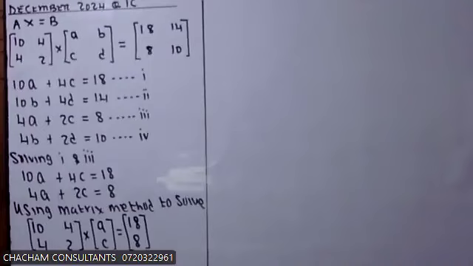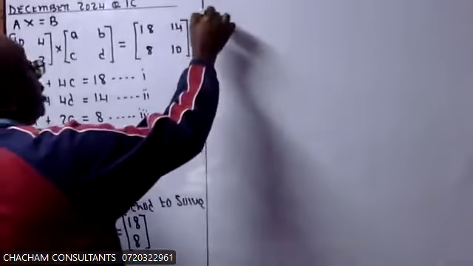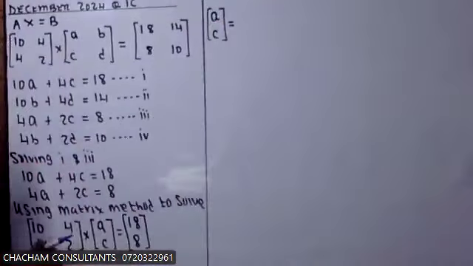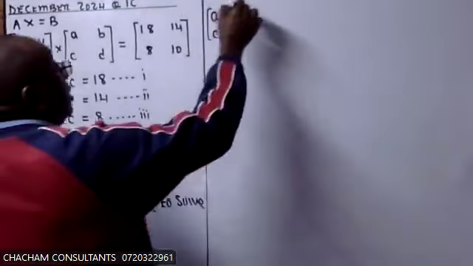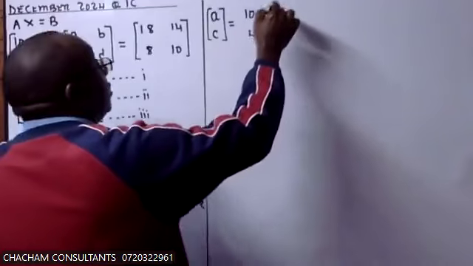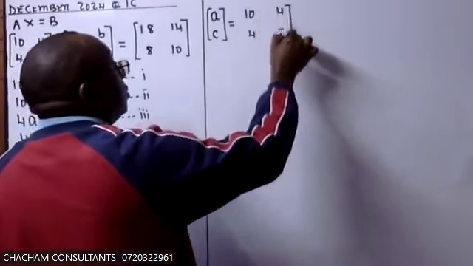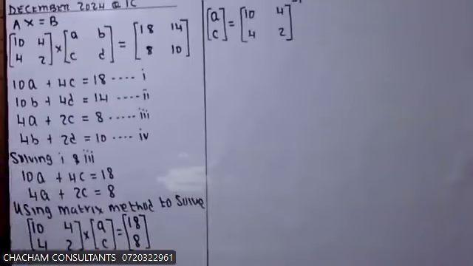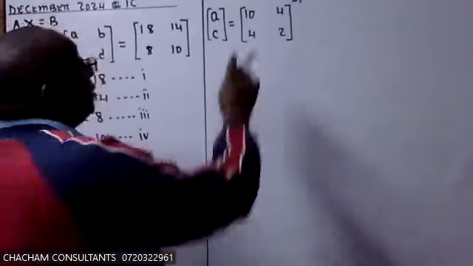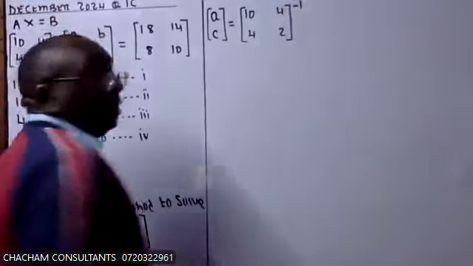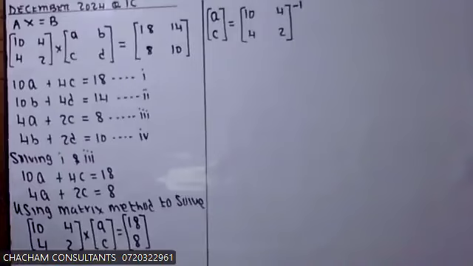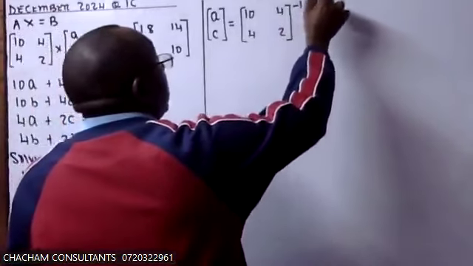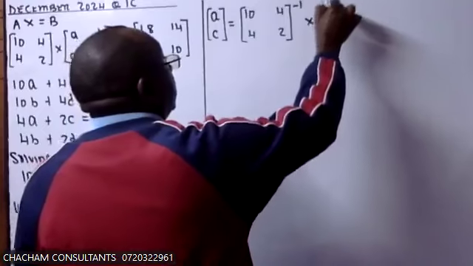So when you do that, A and C are left on their own side, then this one goes to the other side, 10, 4, 4, 2, as an inverse, raised to power minus 1, because it has changed position. So we multiply by 18 and 8.